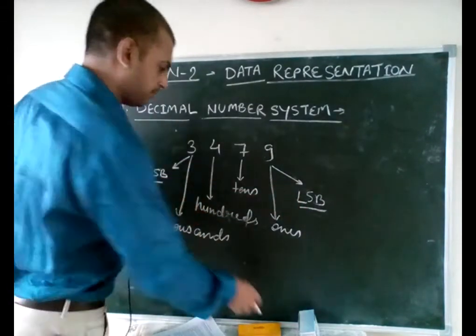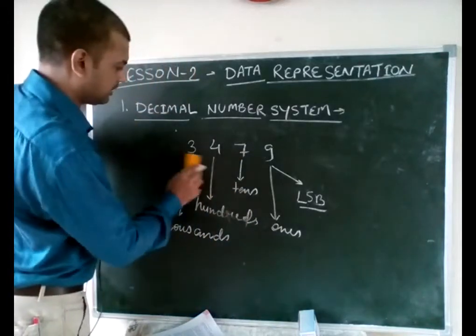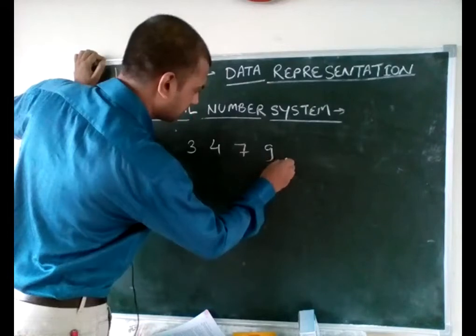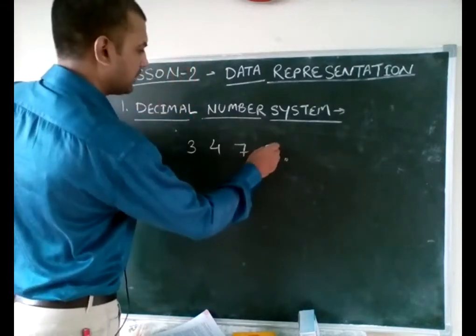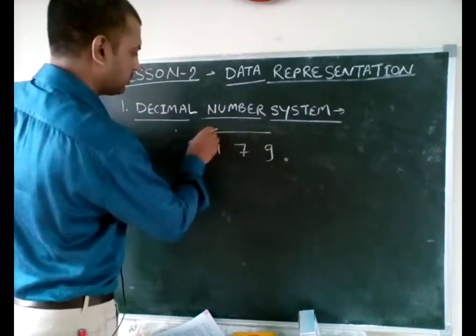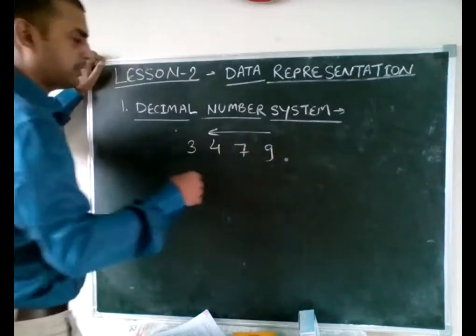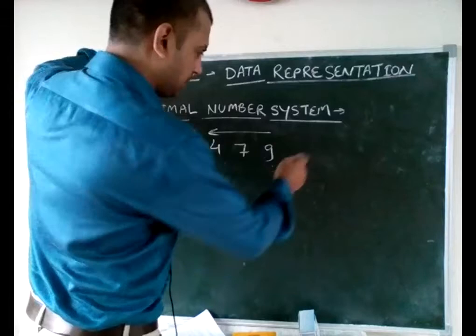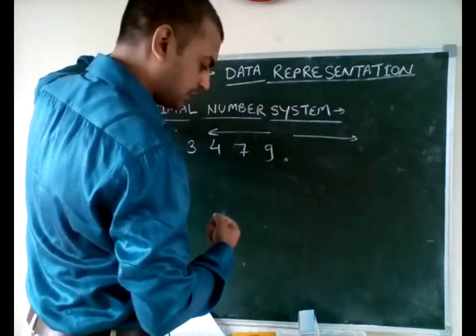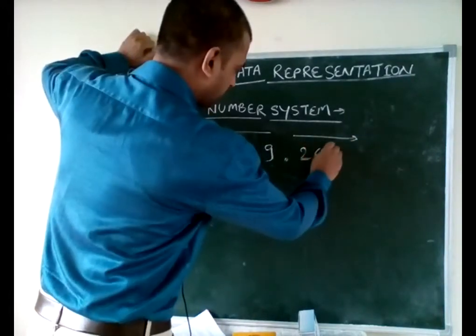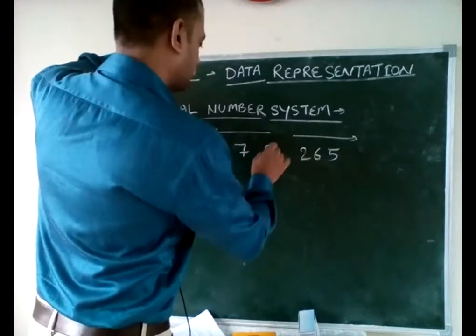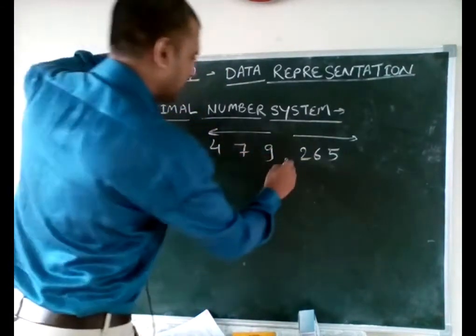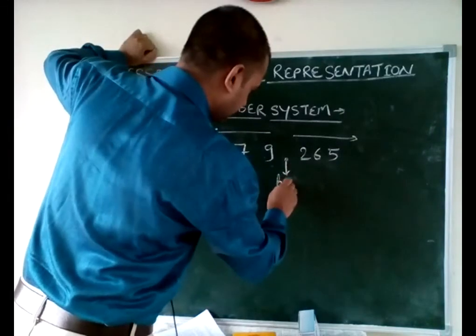Now in this regard, if we have the decimal values, I have already discussed the decimal point will be here. Now we will increase the place value from this side to this side if any decimal number is there. If we have, for example, 265, this is our point.